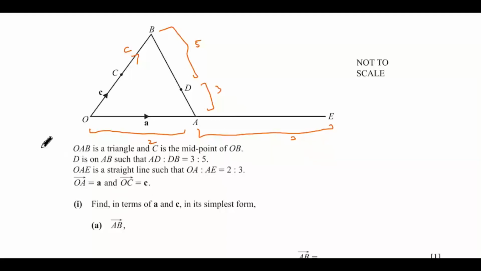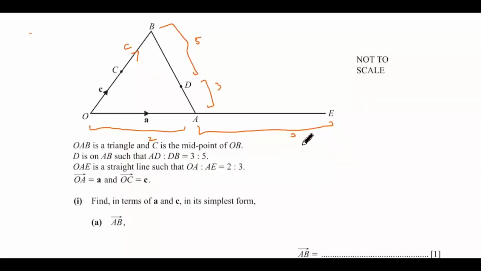From here it is super easy. Vector AB equals AO plus OB. We don't have AO, but we have OA, so it will be minus OA plus OB.